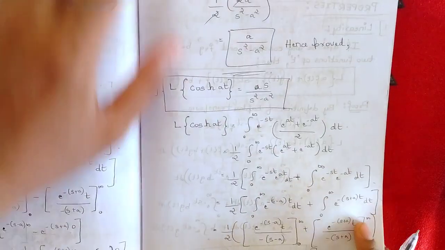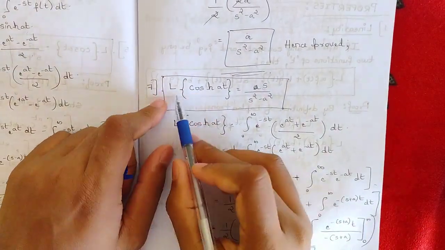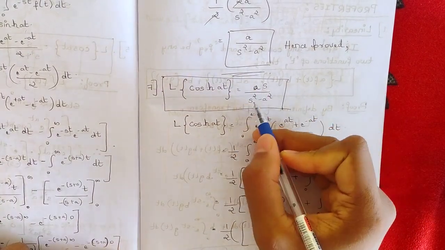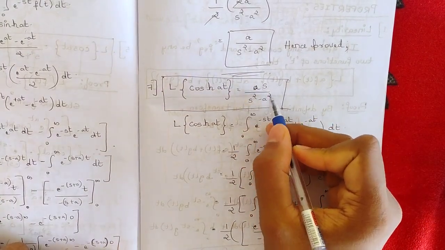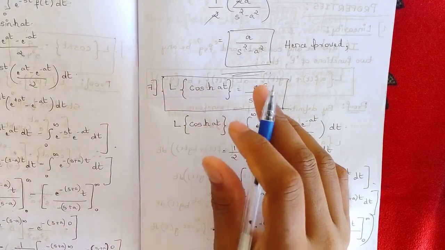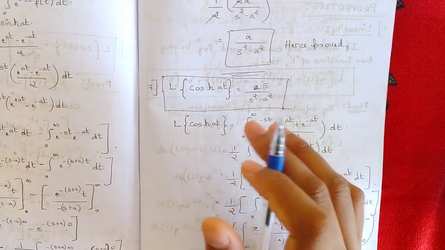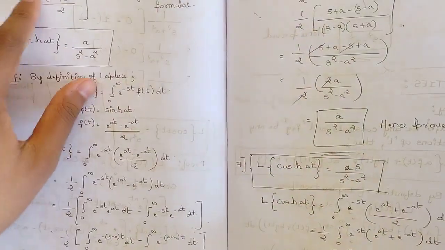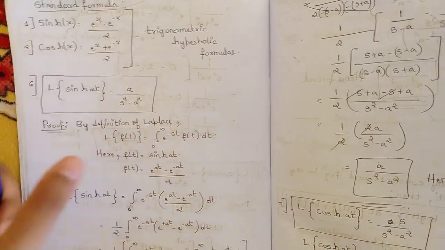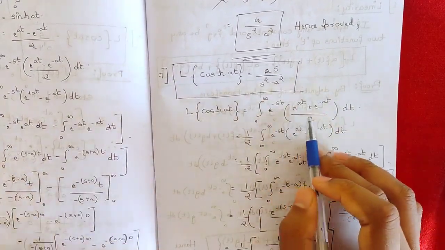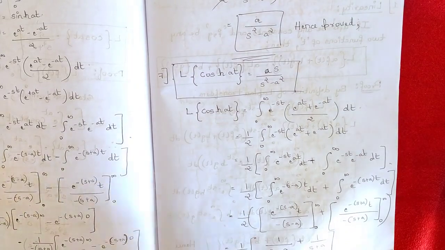Similarly we have the hyperbolic function cos h at, and it is given by s divided by s square minus a square, where a is any constant value. Again apply the same condition here. In place of h x we have at, so accordingly substitute the value of f of t, and solve it the same way we solved it for sine.